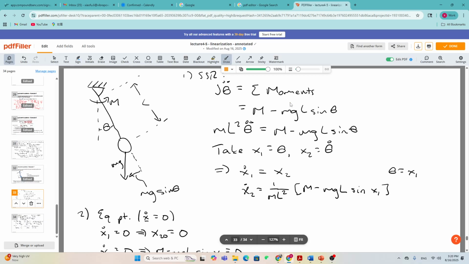Similarly, you also have m, which is mass, times a, the acceleration expressed by m times x double dot.